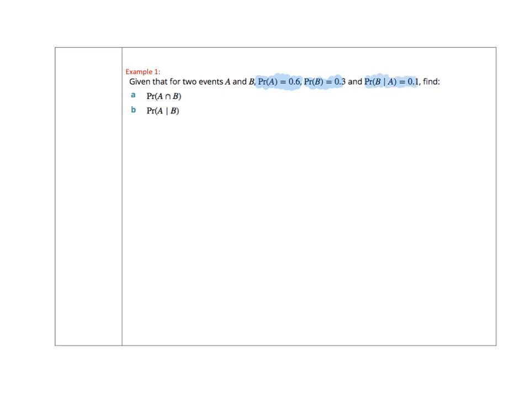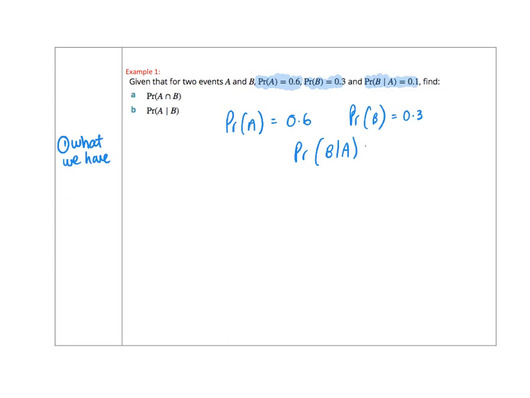So the first thing I might do before I do anything is just list what we have. That is, the probability of A is 0.6, the probability of B is 0.3, and the probability of B given A is equal to 0.1.